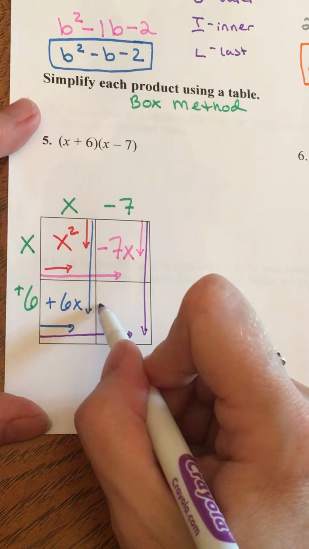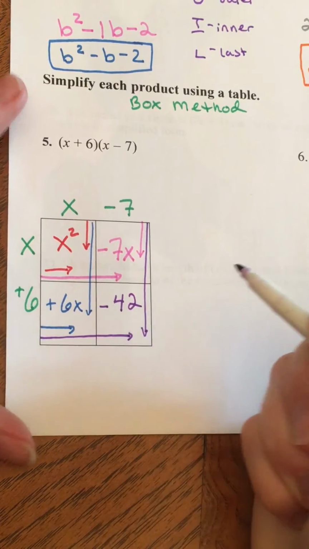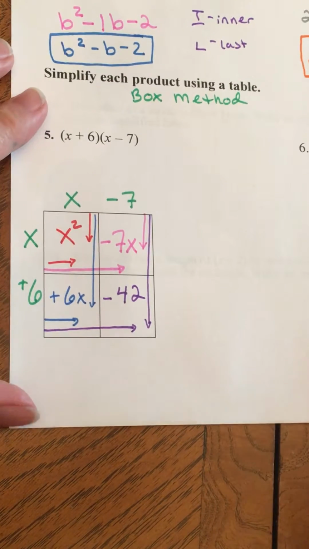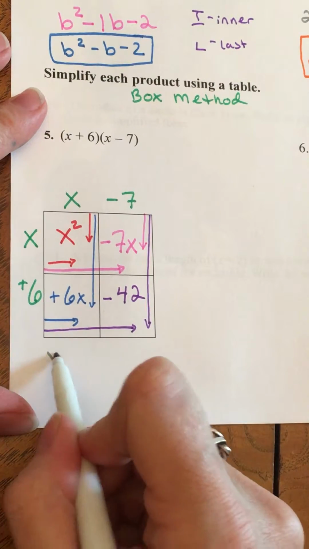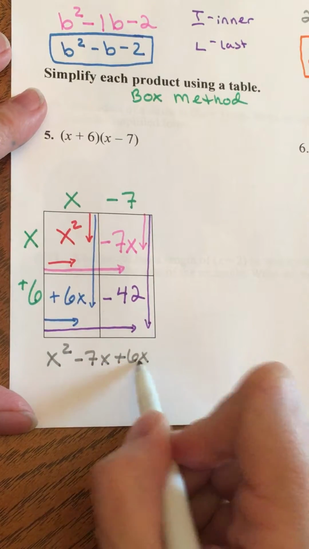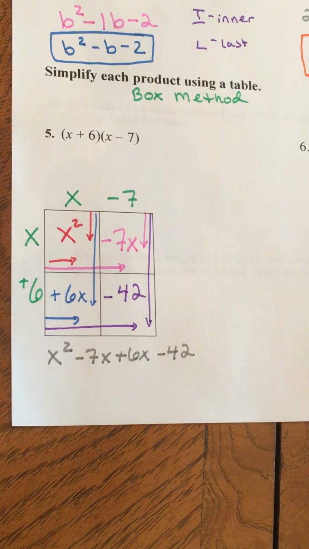Negative and a positive is a negative. 6 times 7 is 42. All right. So let's write these down. Now that we have all of our pieces, x squared minus 7x plus 6x minus 42. There are all 4 of my boxes.